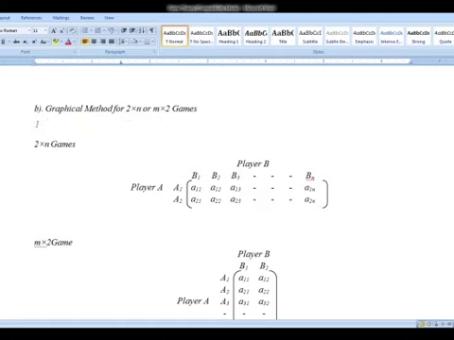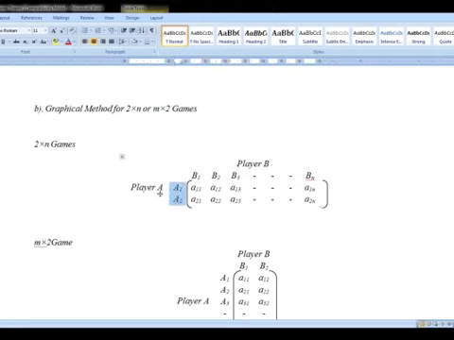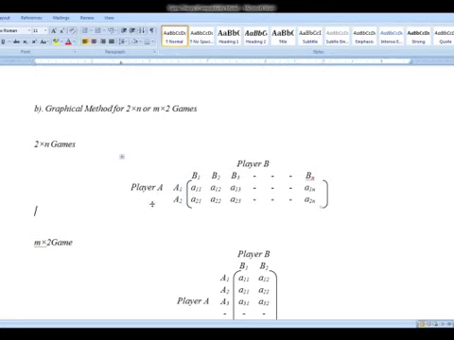Now, when I say graphical method for 2 by n or m by 2 games without saddle point, this is the example for 2 by n games. There are 2 rows, that is, the strategies for player A are A1 and A2, and for player B there are n different strategies.